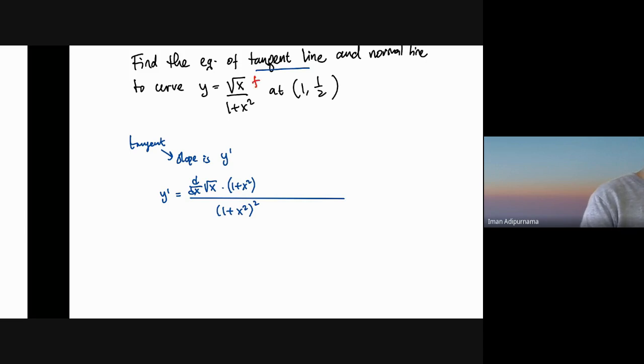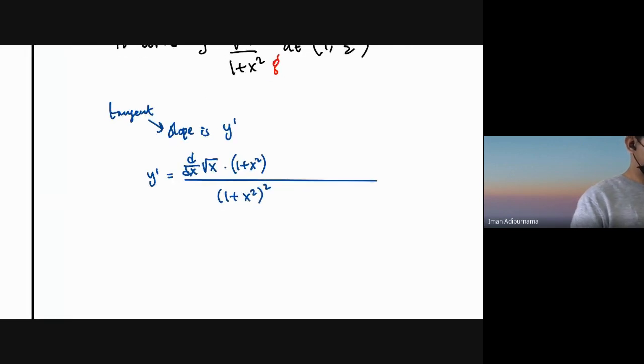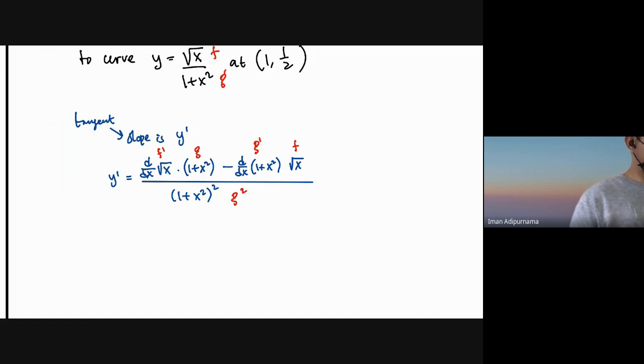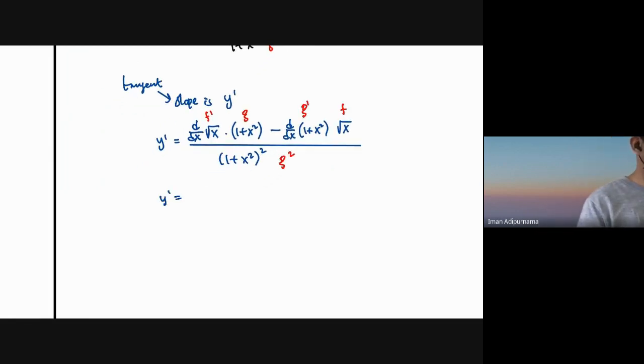Imagine this is f and g from this curve of y, and this will be f prime g, and this is g prime, this is f, this is g squared, right? Okay. Now we are all set with the first derivative. Now let's derive one by one.